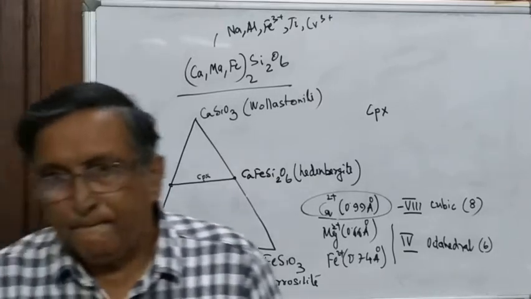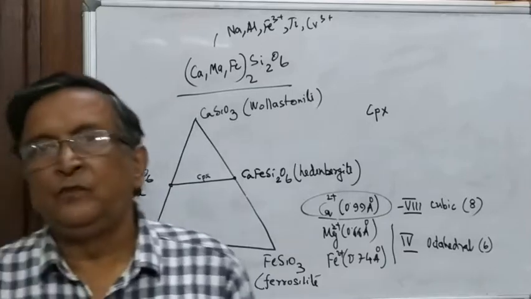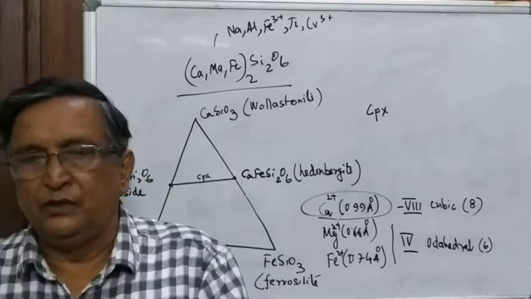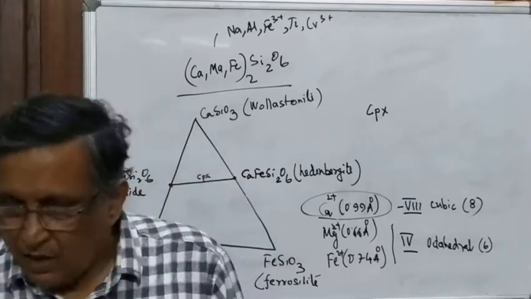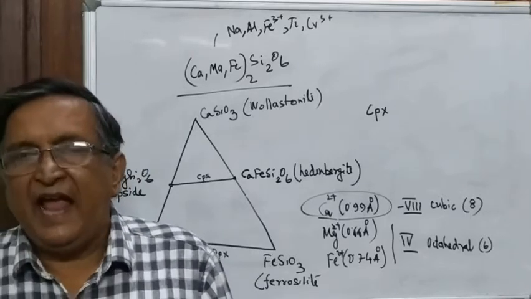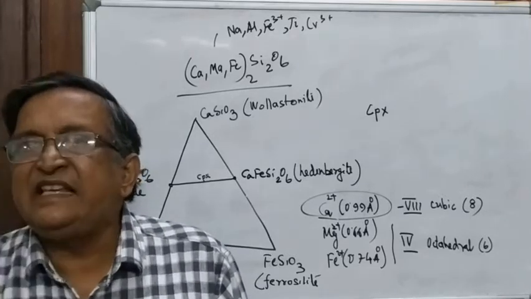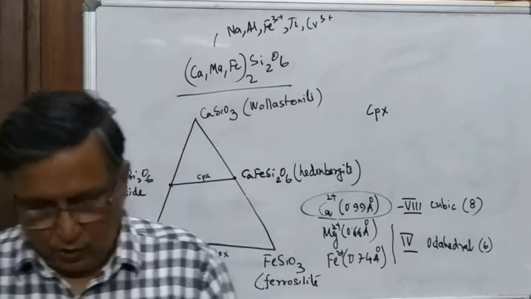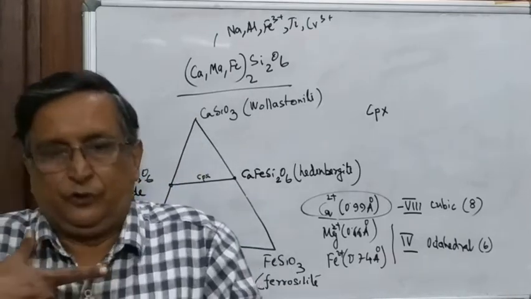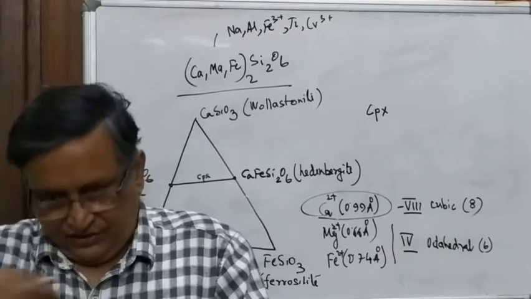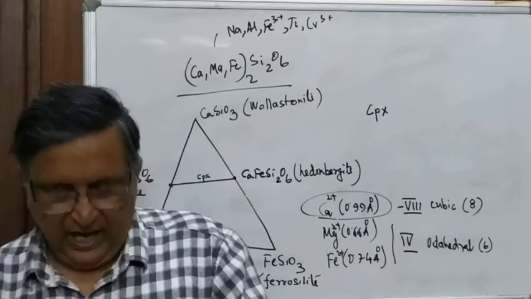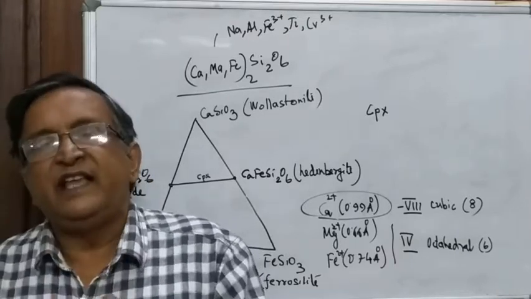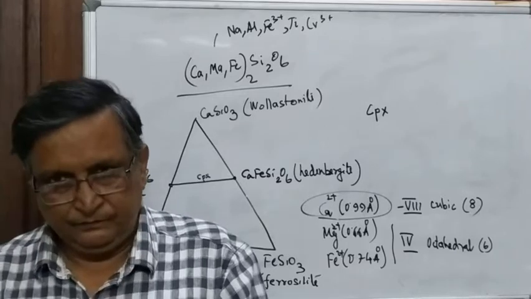But in clinopyroxene, there is the beta angle. What is the beta angle? The angle between the A and C axis. Normally in a crystal structure, when you hold it, your B axis is parallel to you, the A axis goes right into your heart, and the C axis is vertical. That is the way crystals are held.